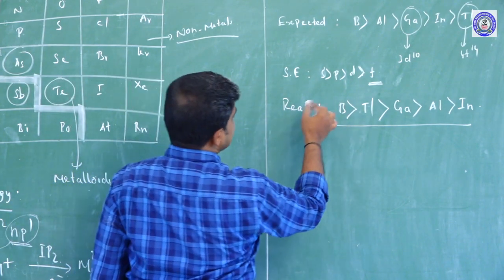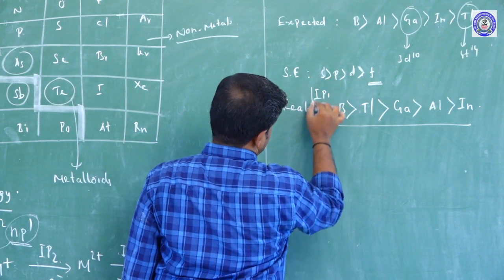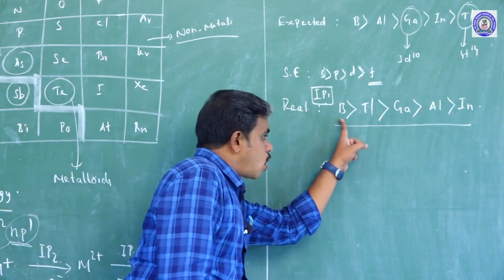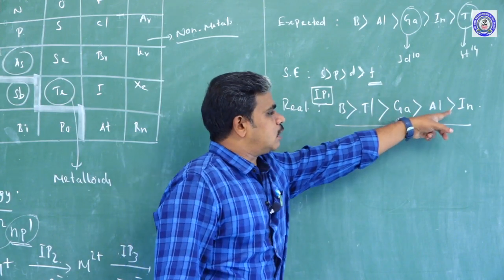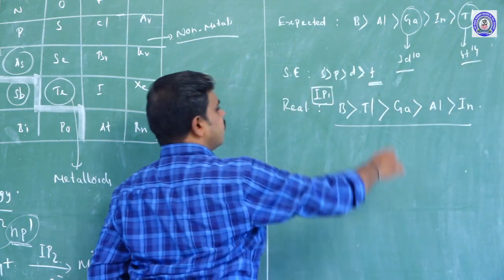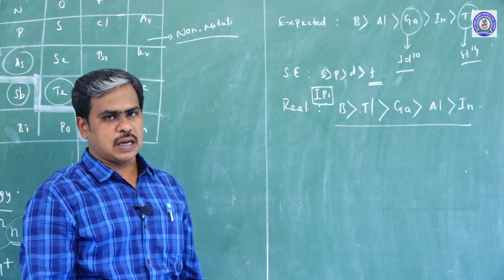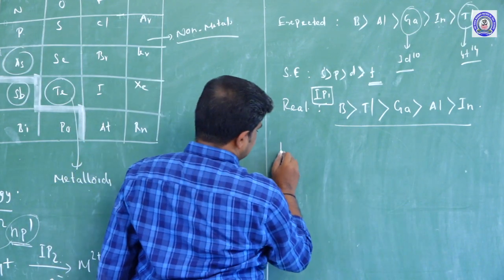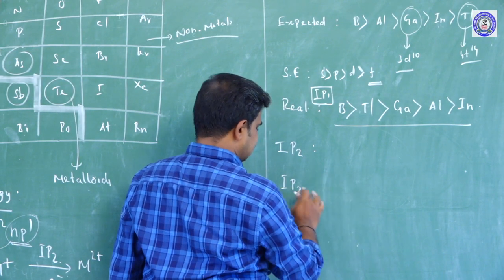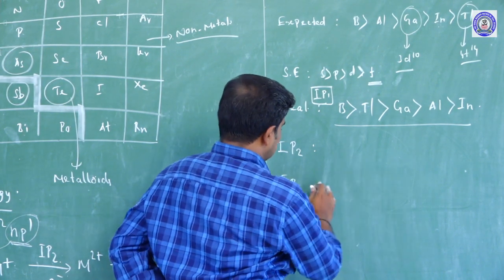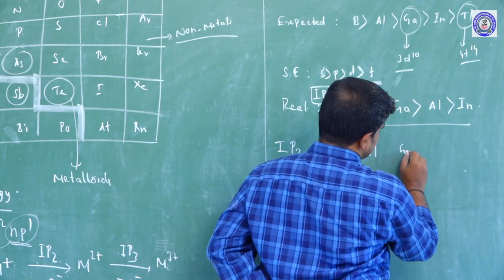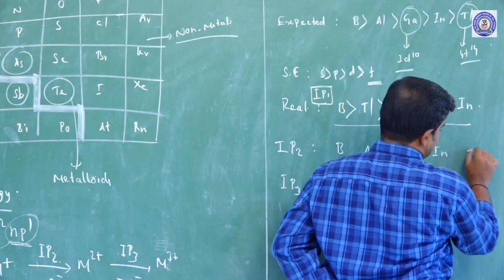That is the first ionization potential, IP1. The first ionization potential order is boron, thallium, gallium, aluminum and indium, due to the poor shielding effect of the D and F orbitals. Now, if you take the second and the third ionization potential, the second ionization potential order is boron, aluminum, gallium, indium and thallium.